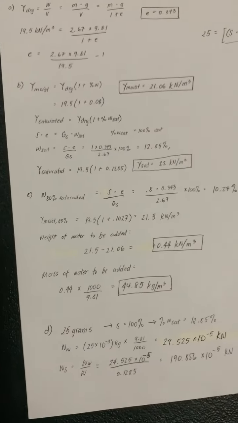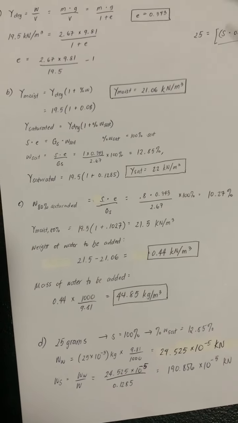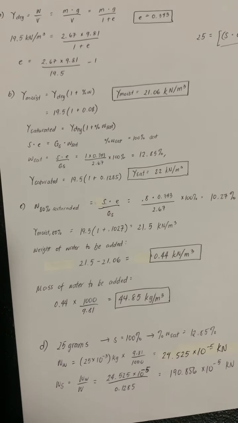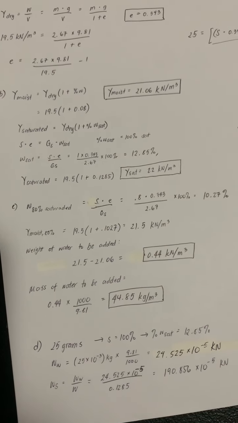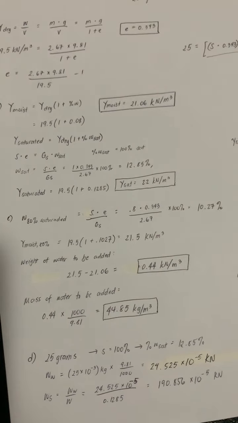And then for letter C, the question wanted us to obtain the mass of water added in cubic meters of soil to reach 80% saturation.